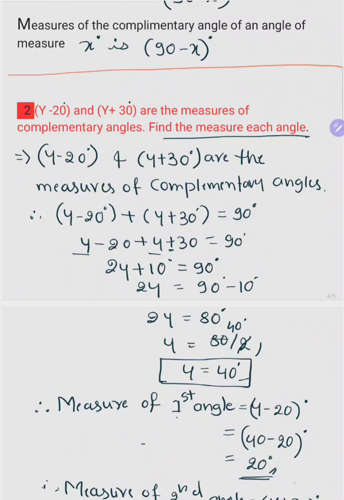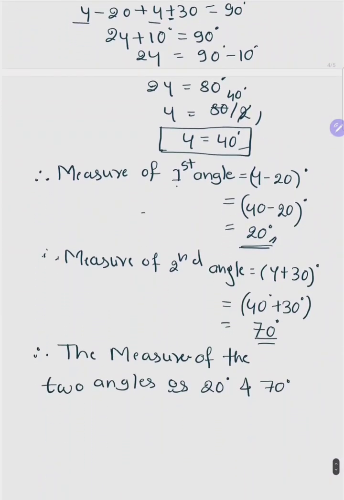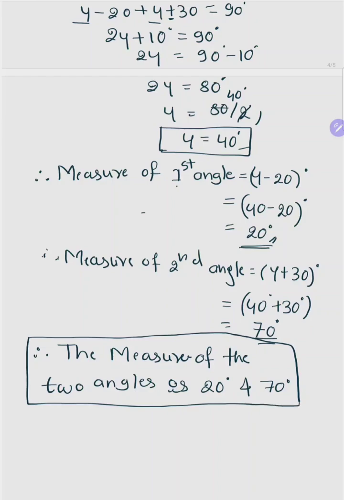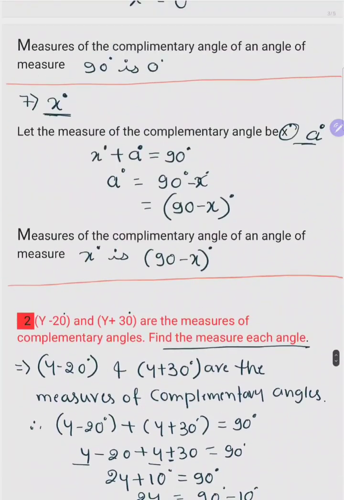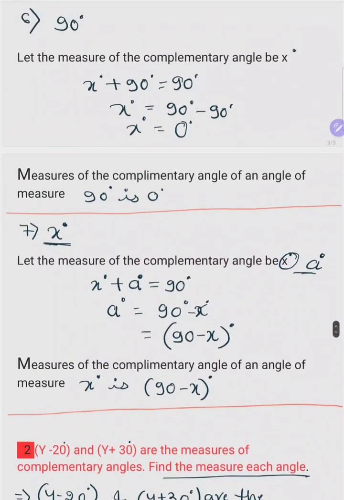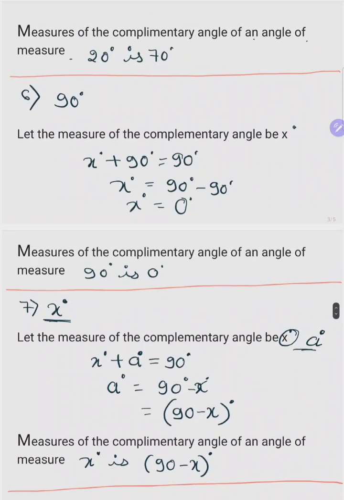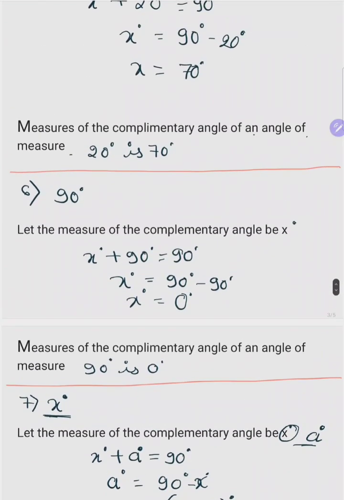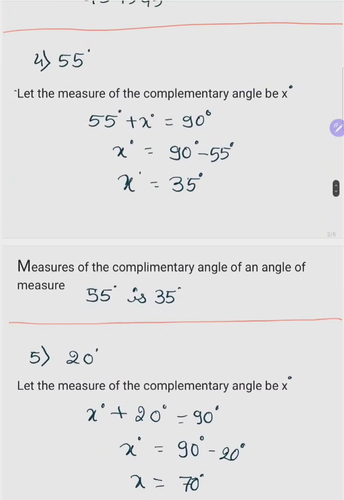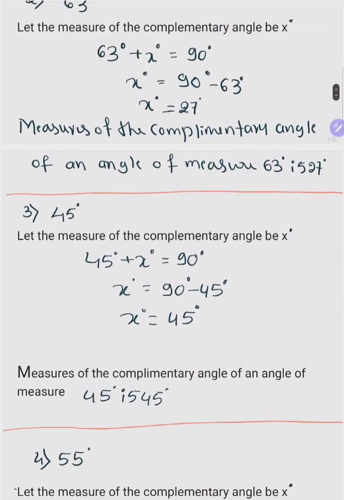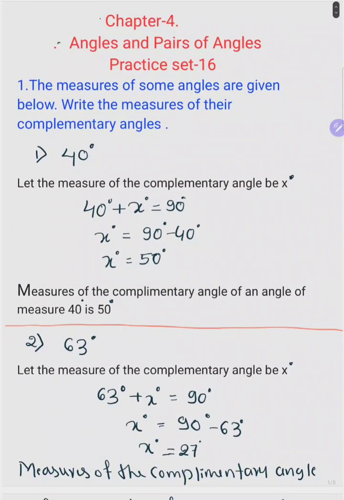First is 20 degree and second one is 70 degree. This type, right. This is the second answer. It is the finding of the complementary angles of the first question. Complete the practice set of 16.